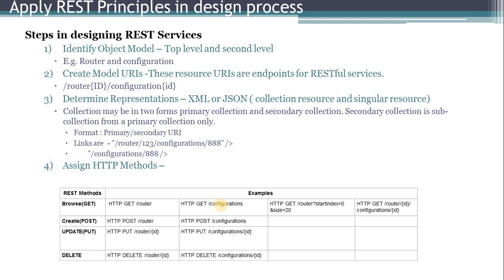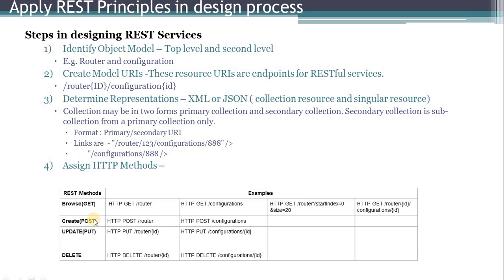If the number is very huge in our data set, we can put a limit on it, so we can put size equals 20, start 0. We can also go through the parent, then parent ID, then configuration ID. So the specific configuration ID parameters or attributes will be read from here.